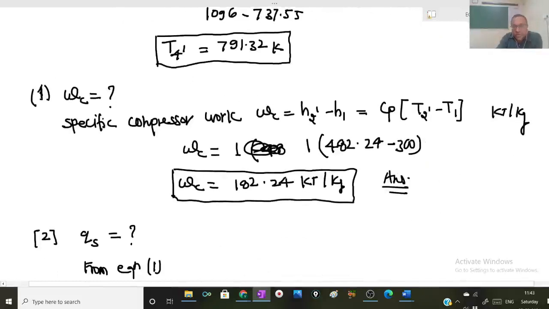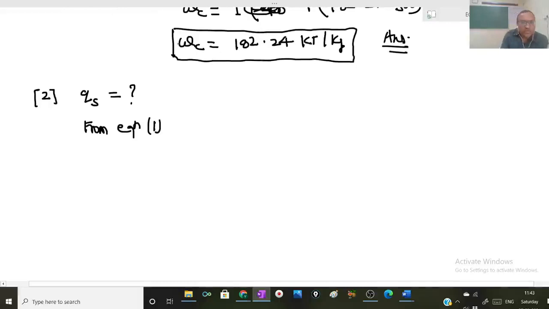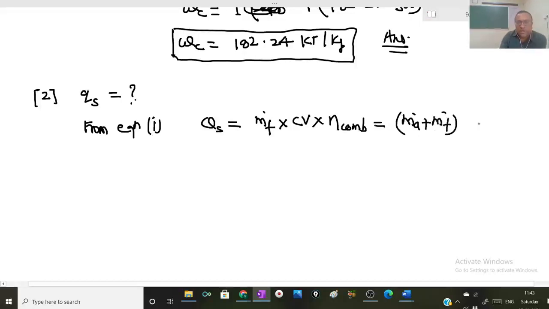So from equation 1, let me reproduce the formula for you. Total heat supplied is m dot F into Cv into eta combustion, which is equal to m dot A plus m dot F into Cp into T3 minus m dot A Cp into T2 dash.